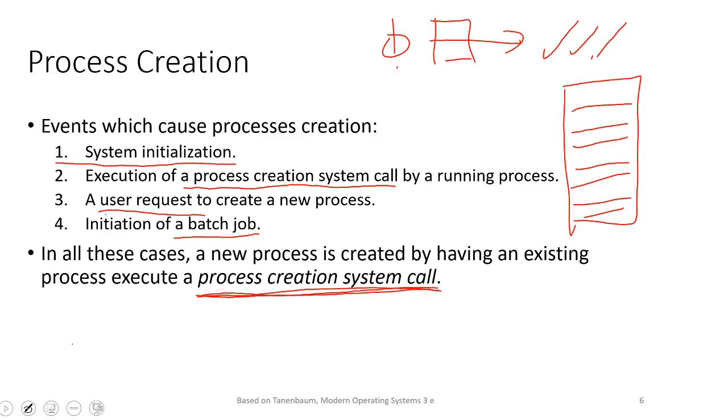Maybe system creation is the only exception, where it is initially started from an operating system process. But after that, all of these are created by some process. So the second one, anyway, is created by a process creation system call. One process is calling other processes.